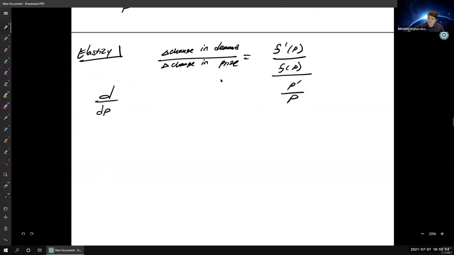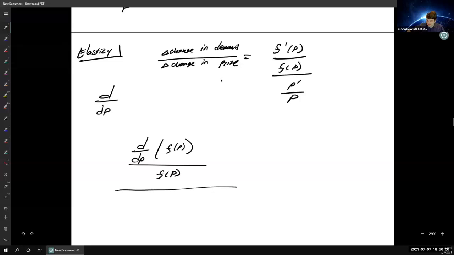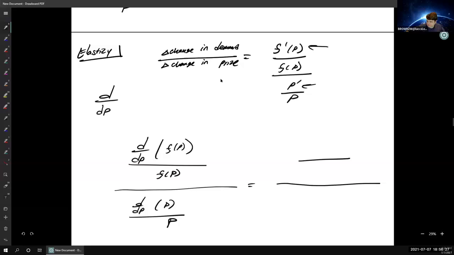To rewrite this in a slightly different way, and this will start off confusing and then make more sense in a second, let's use Leibniz notation of taking a derivative with respect to P. My derivatives are only in the numerators of these inner functions.